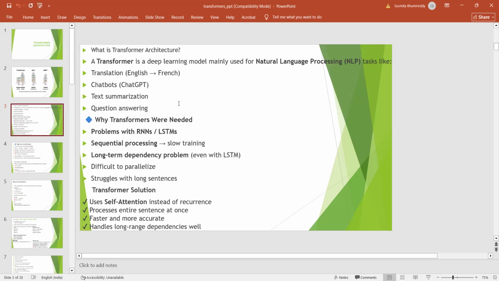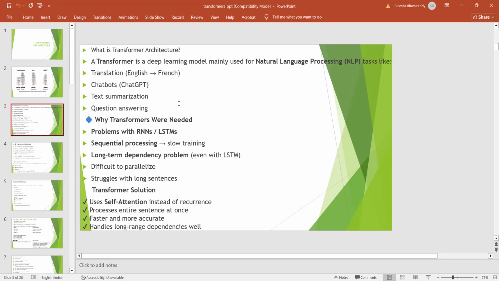An RNN reads the text one word at a time.